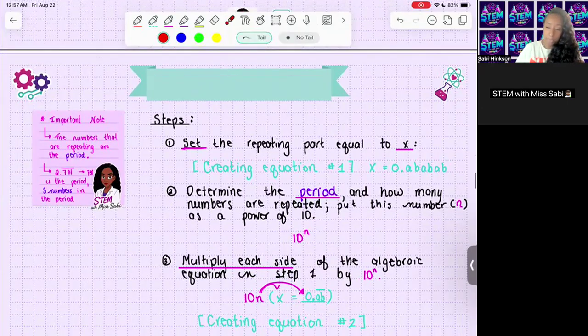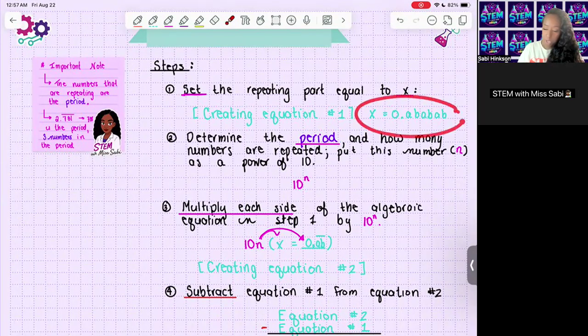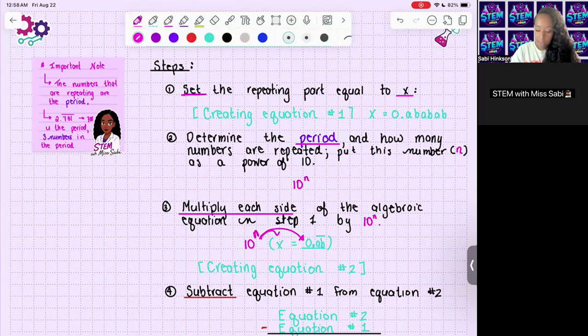Now that you have that number, you multiply each side of equation 1 by 10 to the power of n. That is the number that you're multiplying both sides by.